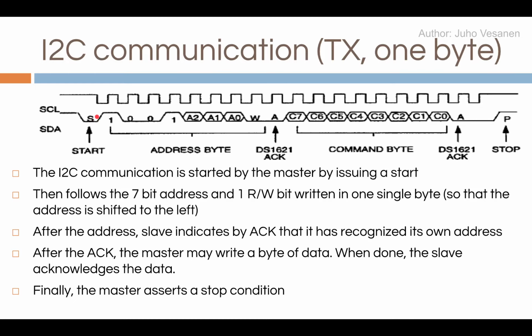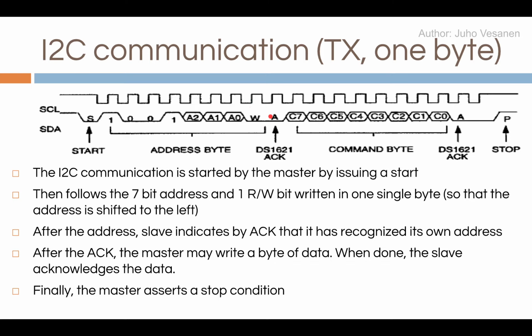Then the next following 7 bits are the address byte. That is set by the master, which sets the address, in this case 1, then changes state here when the clock is low, continues here 1001, and then there are some address bits here for the device, for example a DS1621 device, and then it sets write mode.